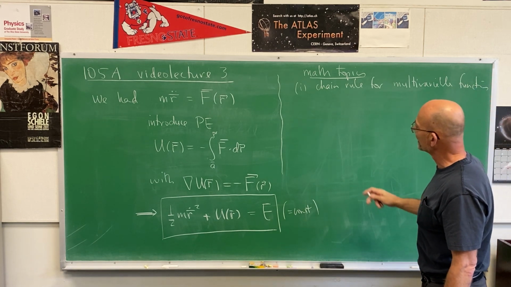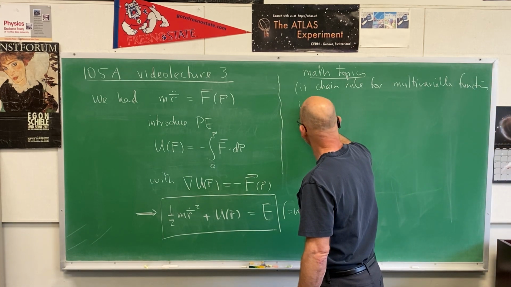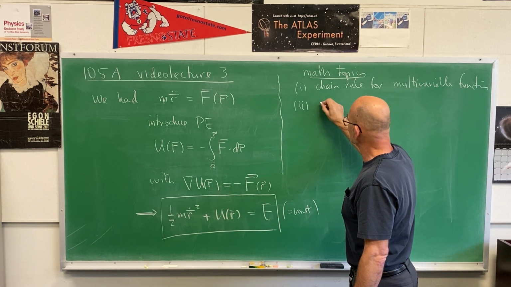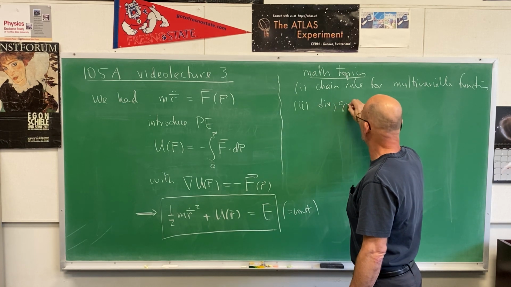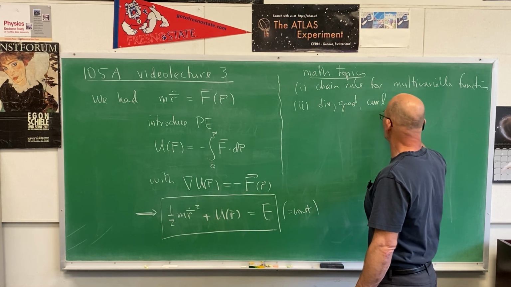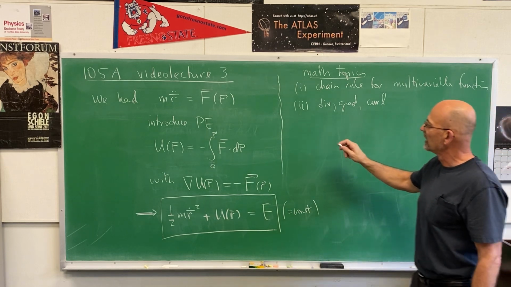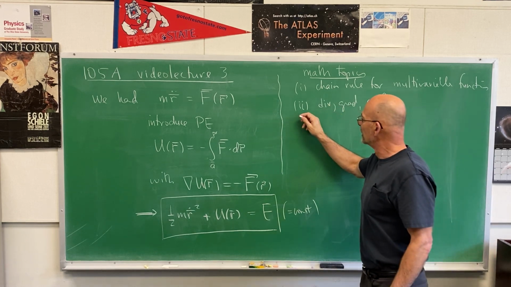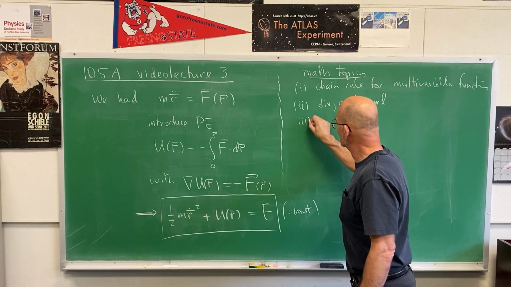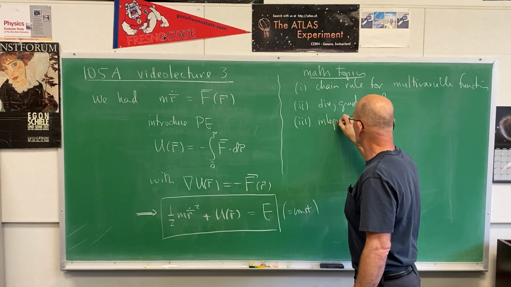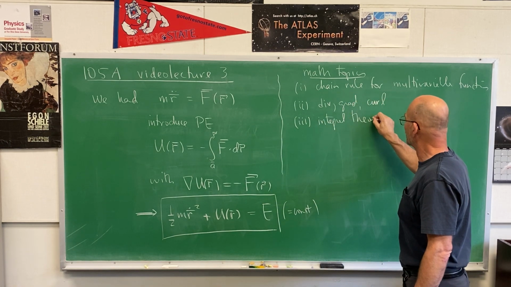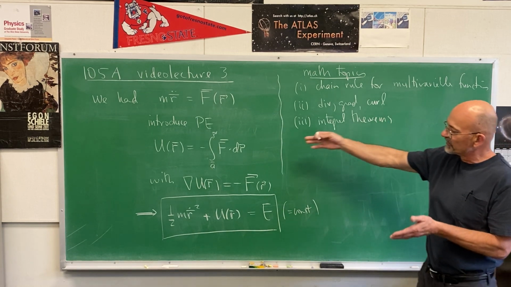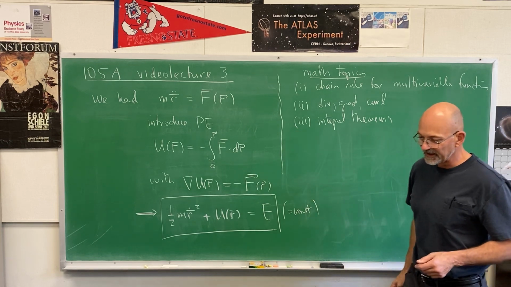From there we can get into divergence, gradient, and curl a bit, in other words derivatives of multivariable objects, and then integral theorems. Having gone through that, we'll be able to return to this thing and get everything squared away neatly.